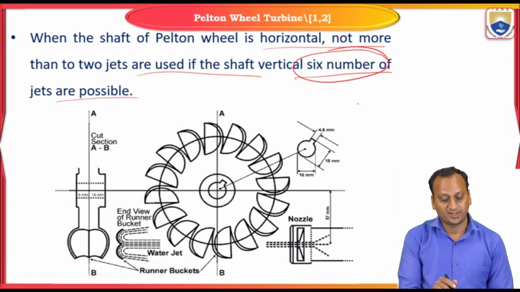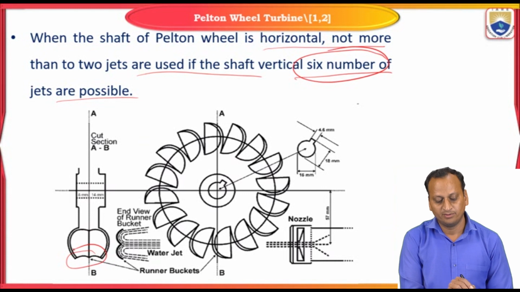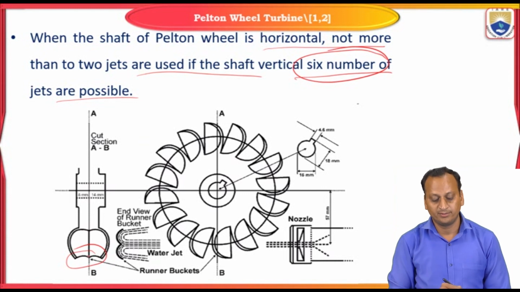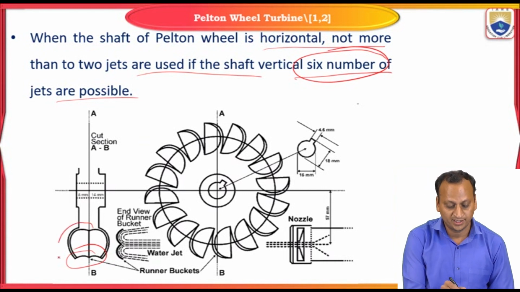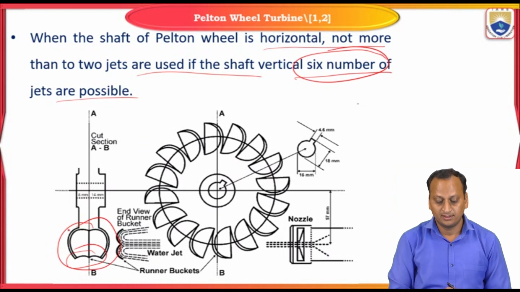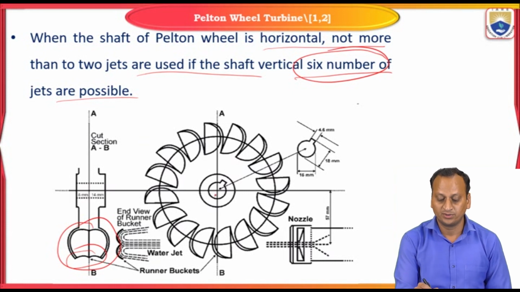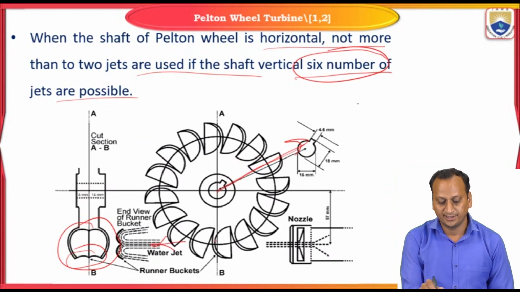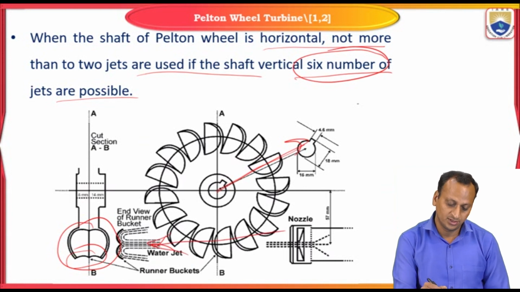In this sectional view, we can see the notch of the bucket and the double hemi-ellipsoidal or semi-ellipsoidal bucket, the shape of it and how it is coupled to a rotor. The shaft is coupled to a rotor with a key, and while the jet is coming, it will be split into two halves.